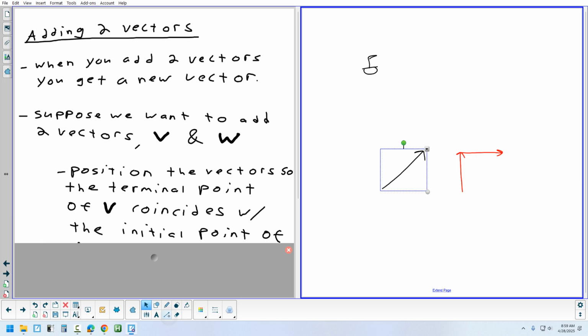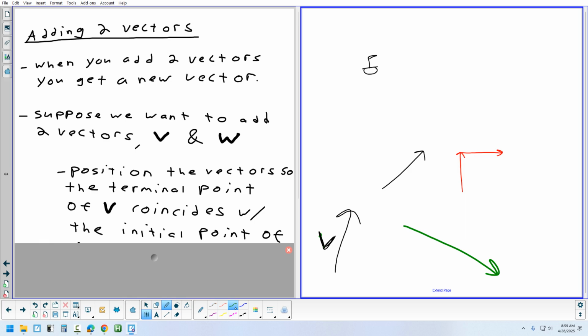All right, so let me draw two more. Let's draw one like that, and one like that. And let's say I want to add the black vector and the green vector. So I'm going to line them up. So the ending point of the first vector, let's call this one vector v. That's supposed to be bold.